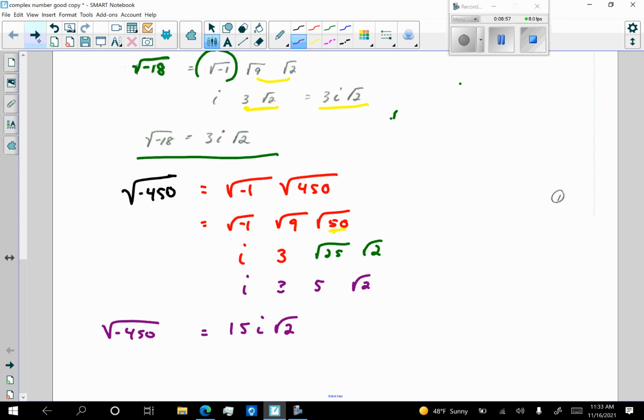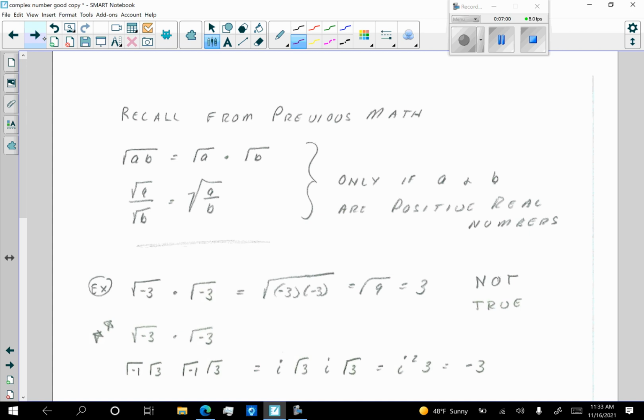Next page of notes. So recall from previous math classes, I have used these two properties already. Well, I've used this first property already today. The square root of a times b is equal to the square root of a times the square root of b. We've used this property today, and we've used it in previous math classes to simplify square root expressions.